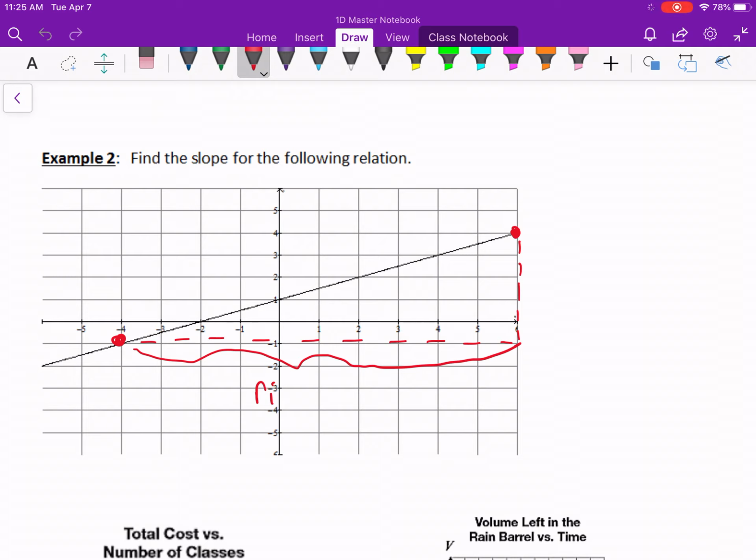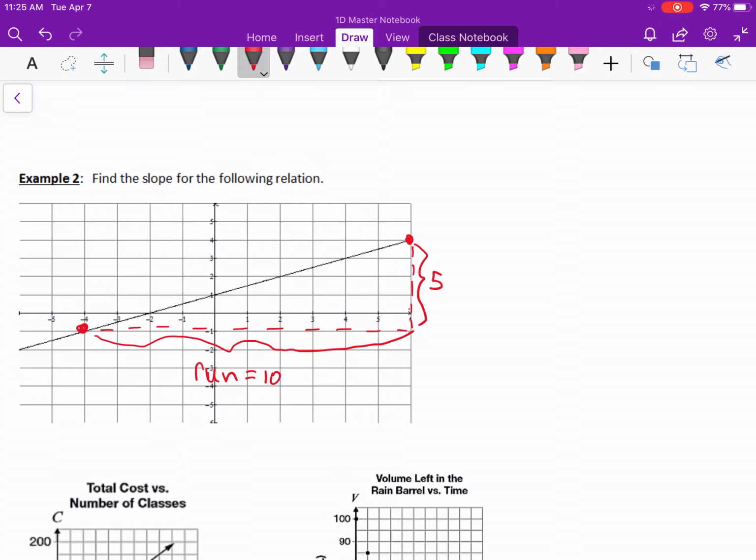Sorry, that's not my rise, that's my run. This is my run. It's going from left to right, side to side. So if I go from negative 4 on the x-axis all the way over to 6 on the x-axis, it's going up by 10 units. The rise, if I go from negative 1 on the y-axis up to positive 4, it's going up by 5 units.